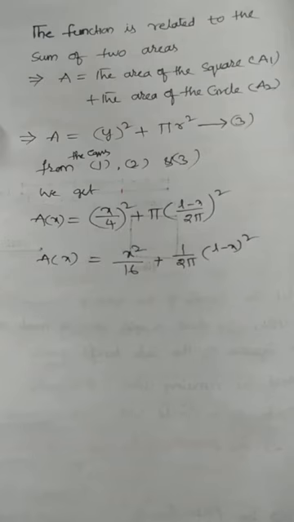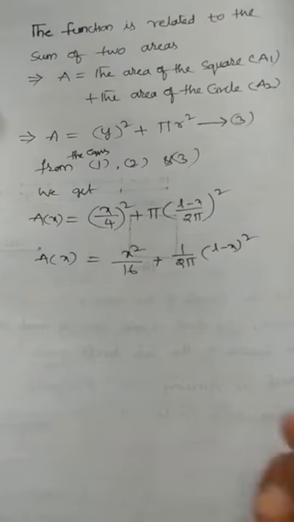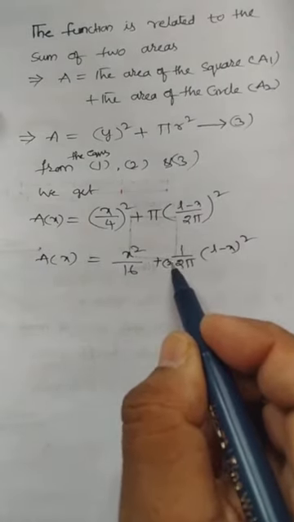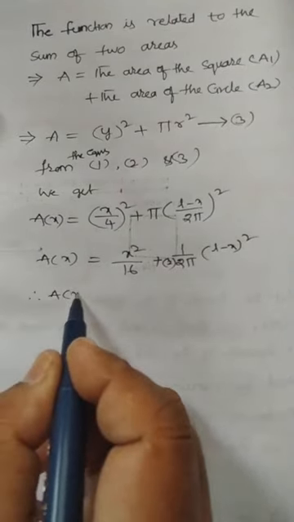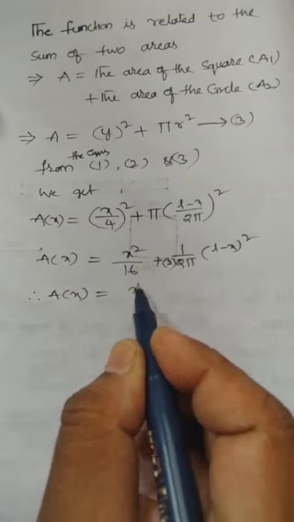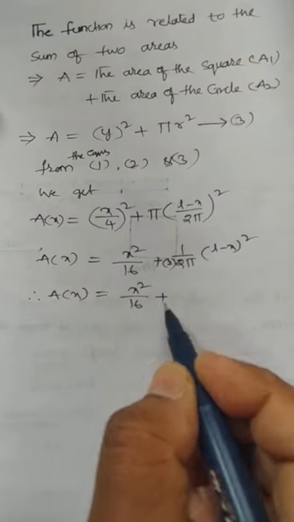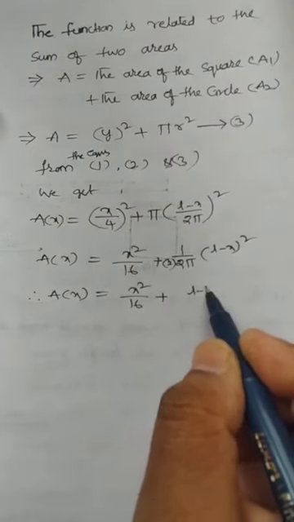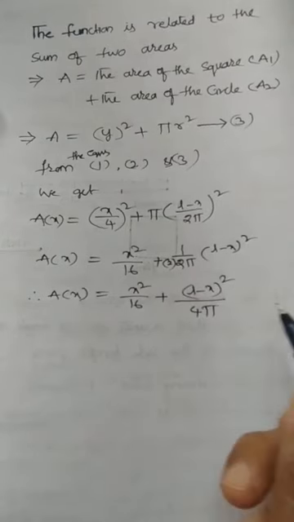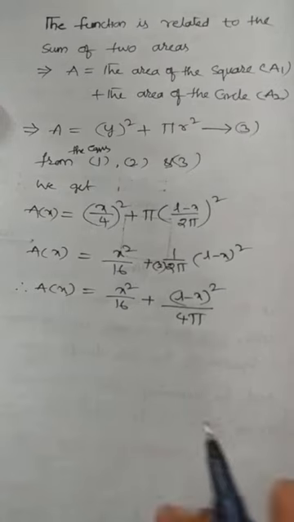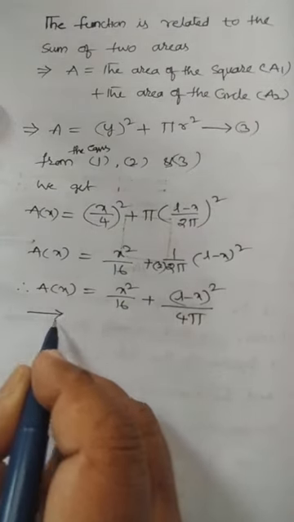This is our function into 2 here. So therefore A of x is equal to x square by 16 plus (L minus x) whole square by 4 pi. Now we are finding the first derivative of the given function.